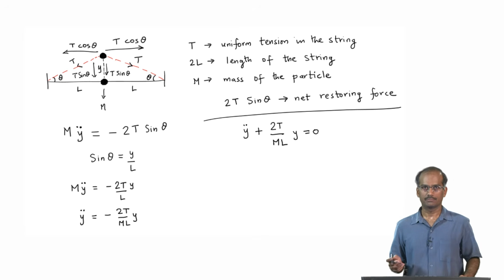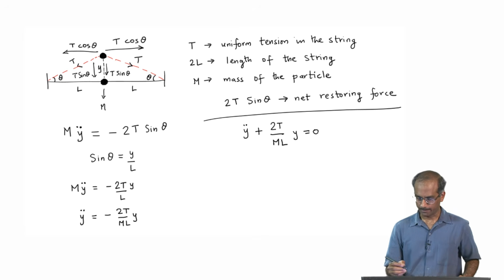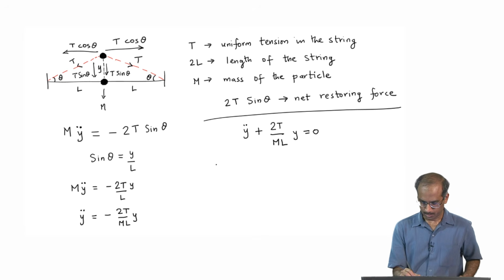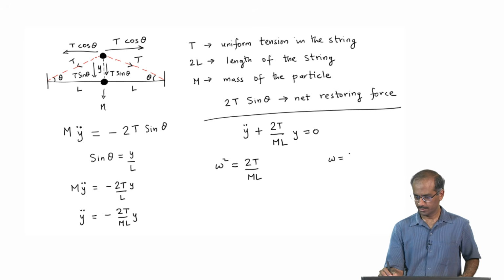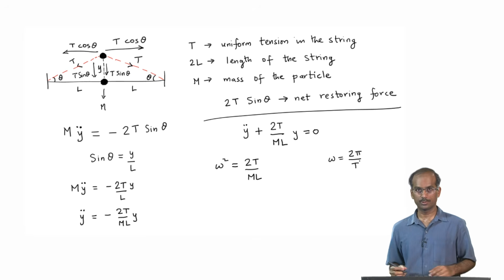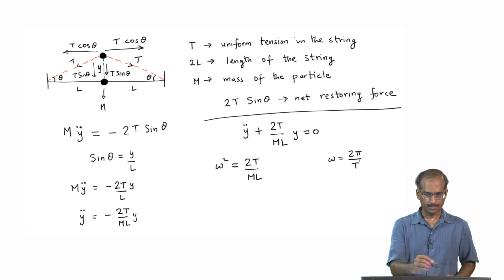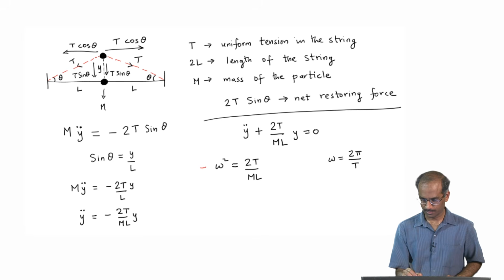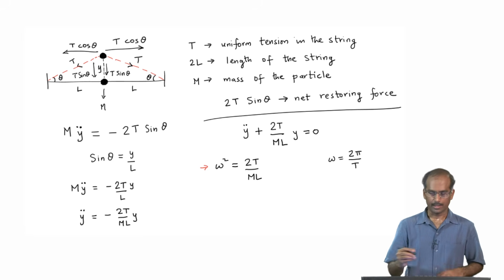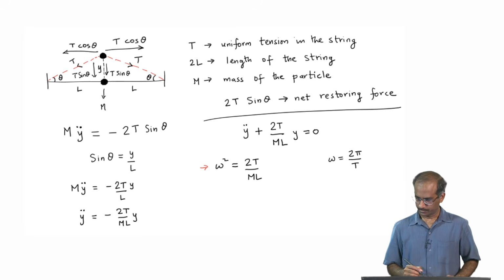So, from here I can straight away deduce what the time period is. So, here omega square, the square of the angular frequency, will be 2 T by m L, and since we know that omega is equal to 2 pi by t, we can substitute this in the equation for omega and rearrange the terms.